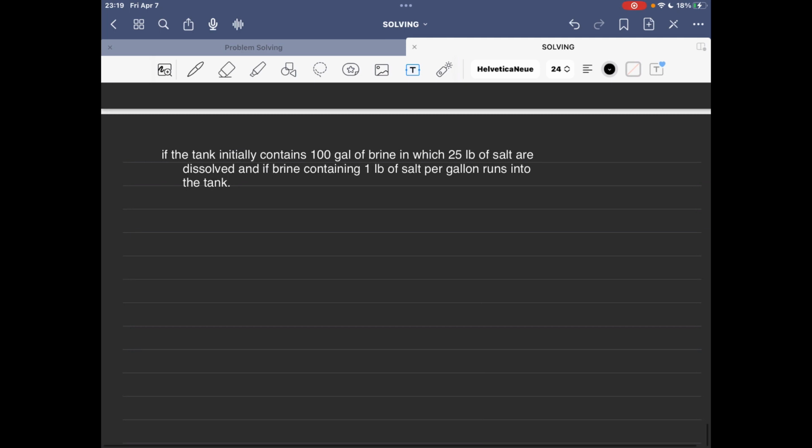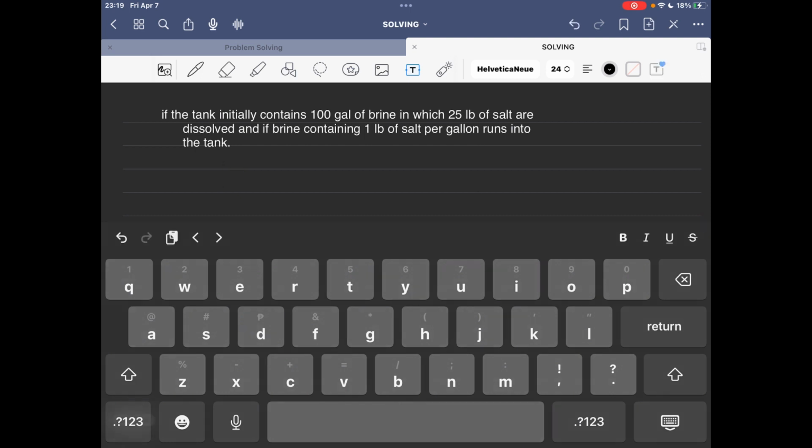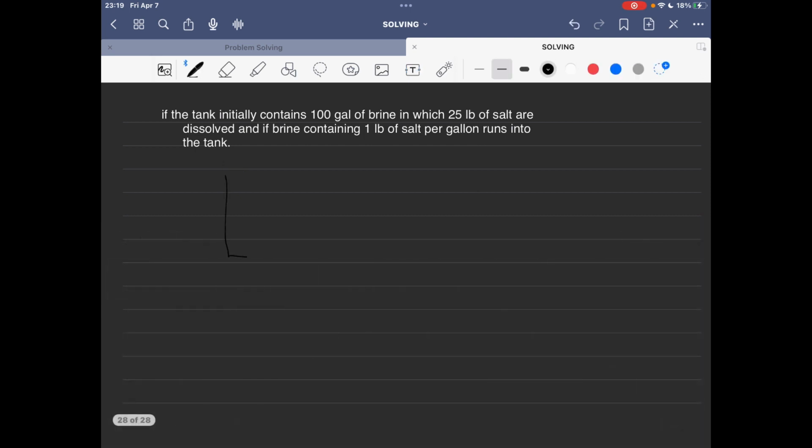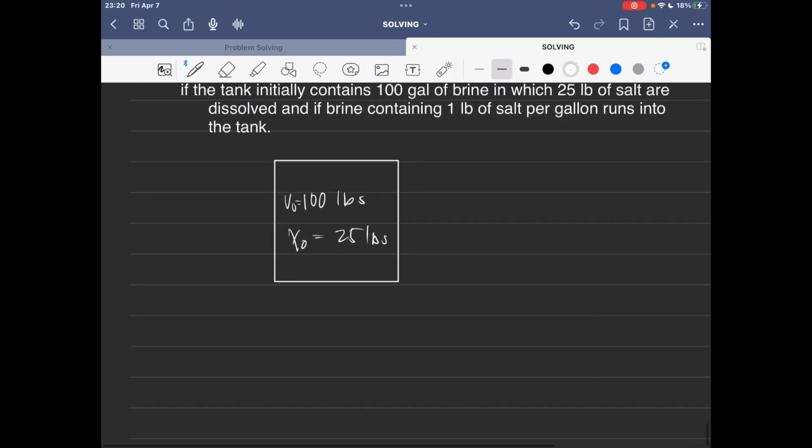So in our problem number 2, what if the tank initially contains 100 gallons of brine, in which 25 pounds, which is our x, is equal to 25 pounds of salt are dissolved. And if brine containing 1 pound of salt per gallon runs into the tank.